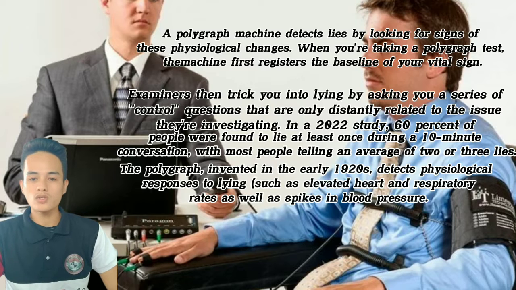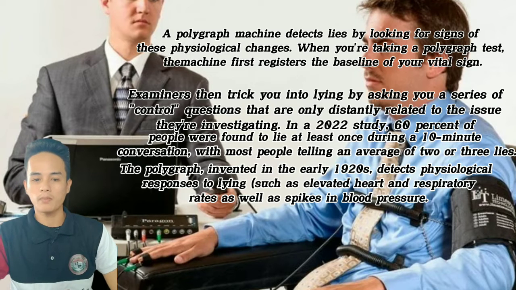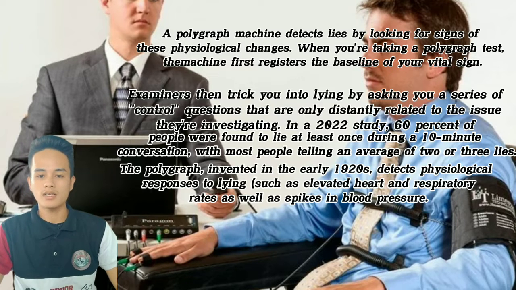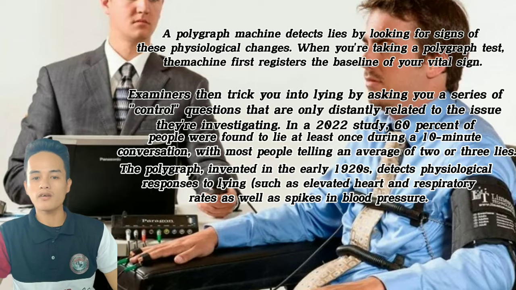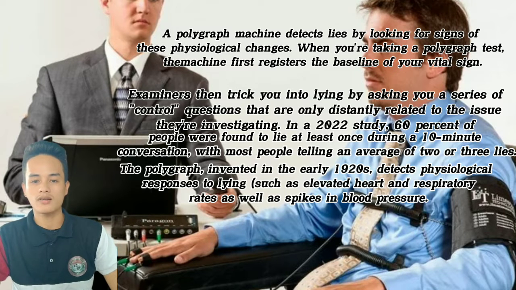In a 2022 study, 60% of people were found to lie at least once during a 10-minute conversation, with most people telling an average of 2 or 3 lies. The polygraph, invented in the early 1920s, detects psychological responses to lying, such as elevated heart rate and respiratory rates, as well as spikes in blood pressure.